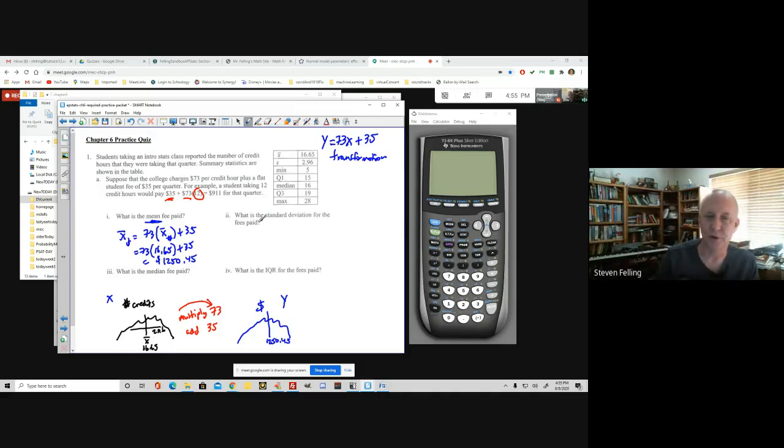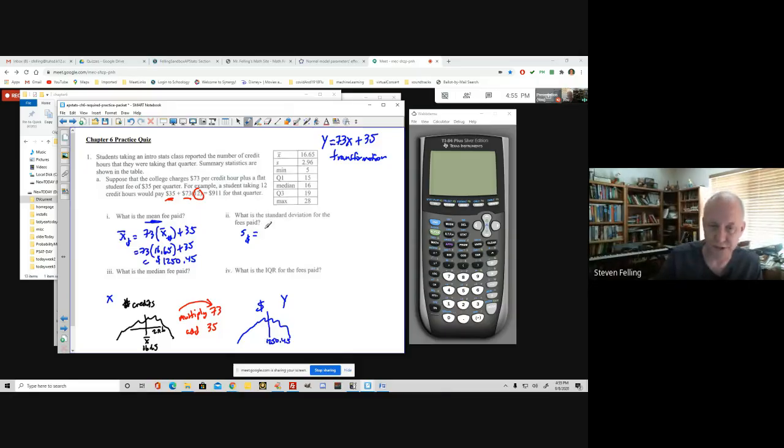But when we look at the standard deviation of the dollars, because that is a measure of spread, it's going to be affected by the multiply, but it's not going to be affected by the plus 35. We said shifting does not affect any measure of spread.